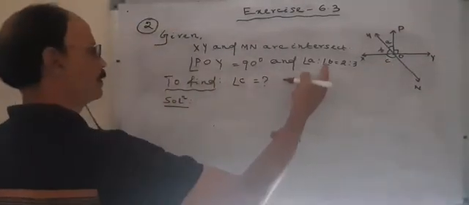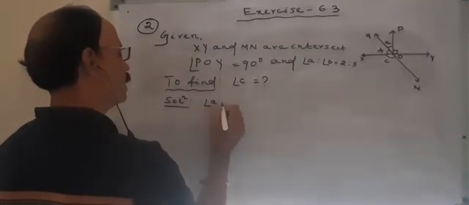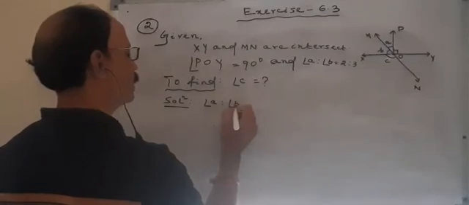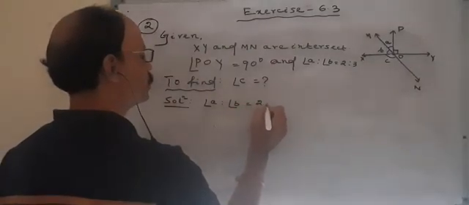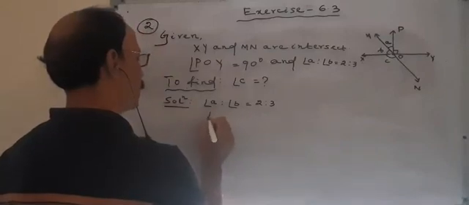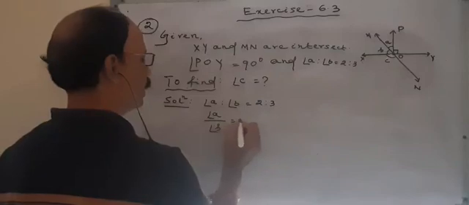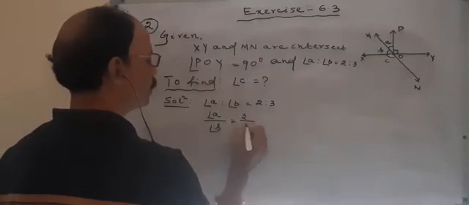So let's start from this ratio, that angle A to angle B is equal to 2:3. It means angle A upon angle B is equal to 2/3.